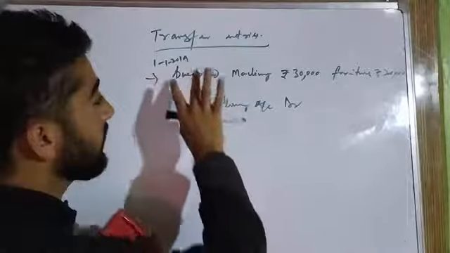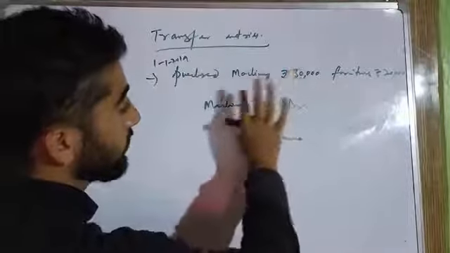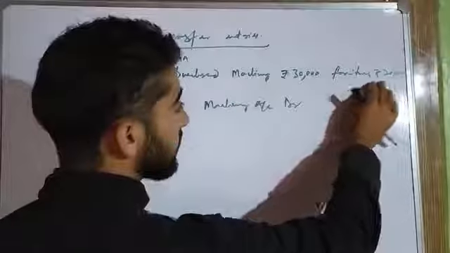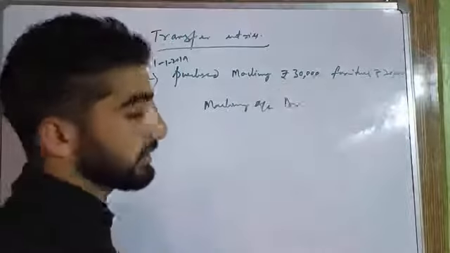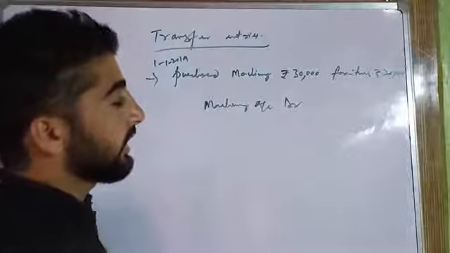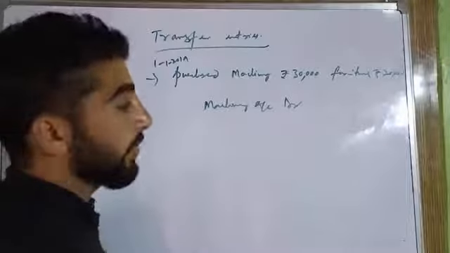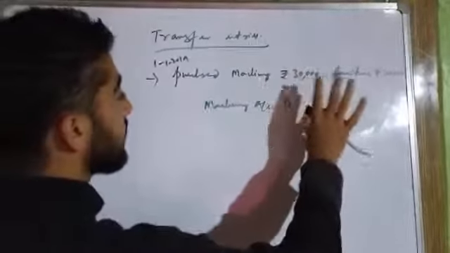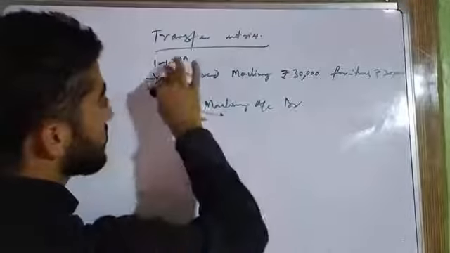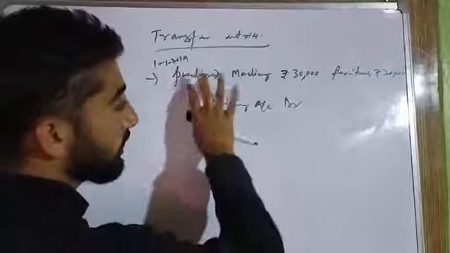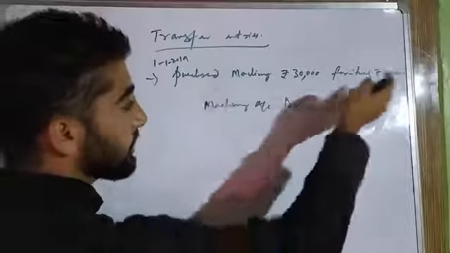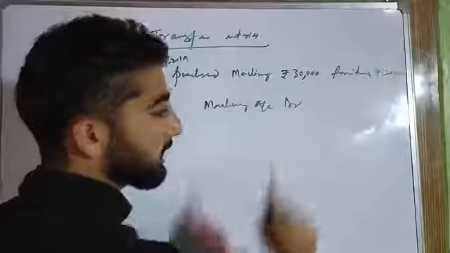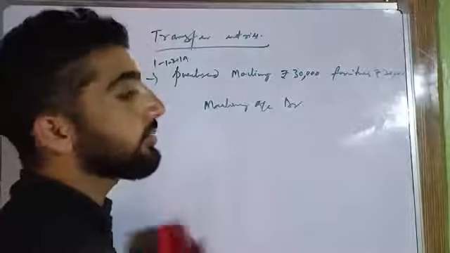Actually these are two transactions: a transaction for machinery and a transaction for furniture. But these transactions have happened simultaneously on 1st January 2019. Cash account, machinery account, and furniture account are involved. So we can do a compound entry for it.